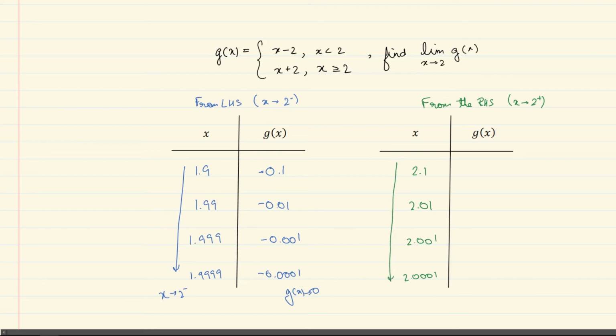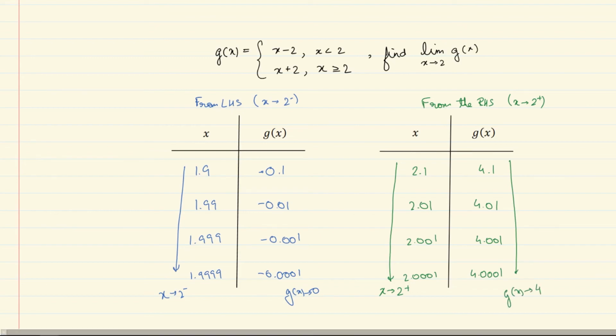And we can see that as x approaches 2 from the right, g of x has the values 4.1, 4.01, 4.001, and 4.0001, which means that g of x is approaching 4.